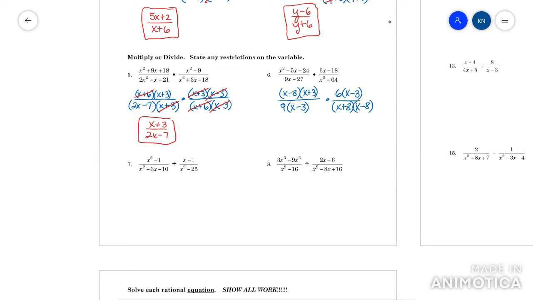Okay, now cancel things that are the exact same. And in terms of this 6 and this 9, you can reduce these. They're both divisible by 3. So now you're ready to write your answer, which would be 2x plus 3 left on top, and on bottom is 3x plus 8.